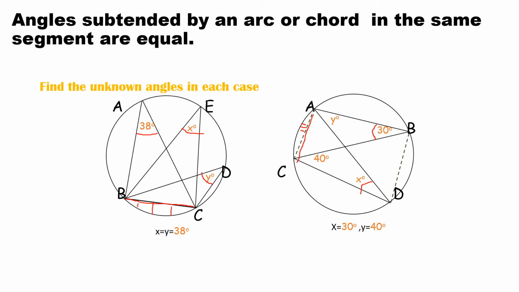And if your chord is this one, BD, then again this chord is making angles y and 40 degrees, that is angle A and angle C. So these two are going to be equal.